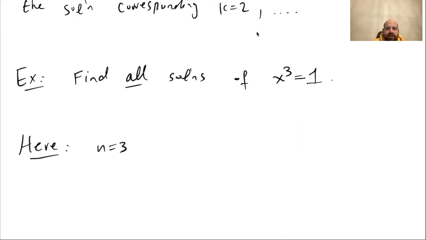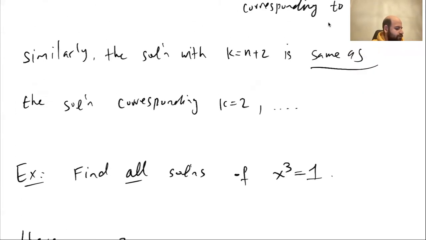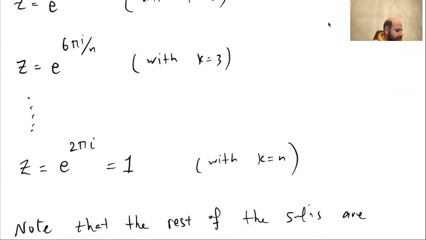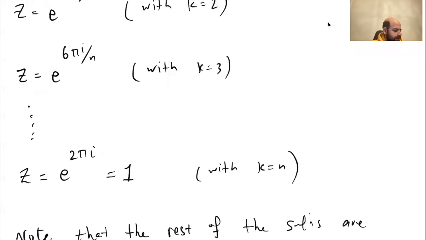We just derived our n solutions or n roots for x to power n equals 1. Z equals e to power 2 pi I over n, 4 pi I over n, all the way to 2 pi I times n over n, which is 1. These are the n solutions for my equation.